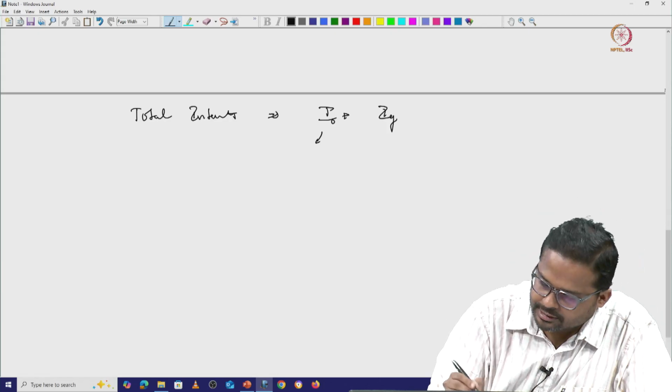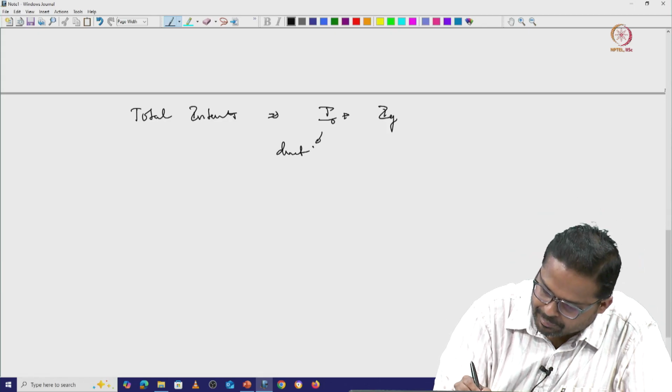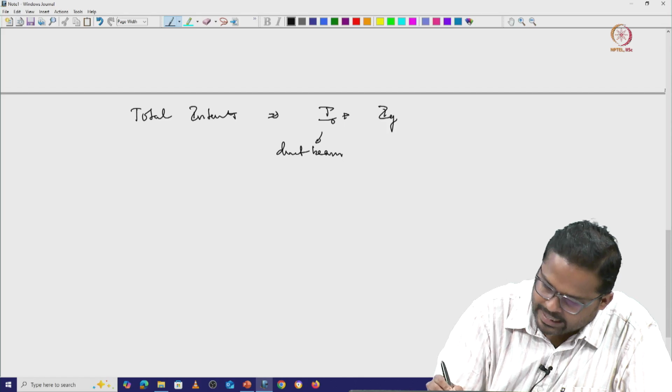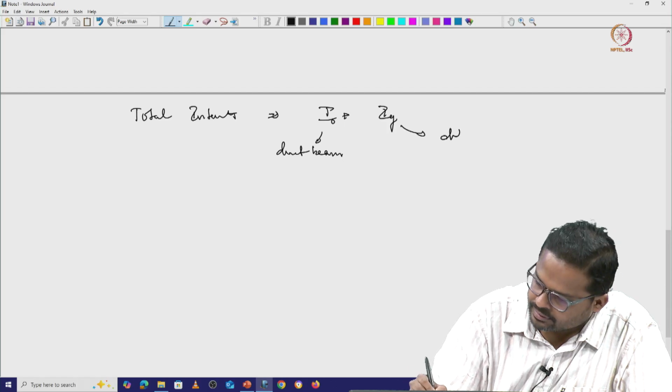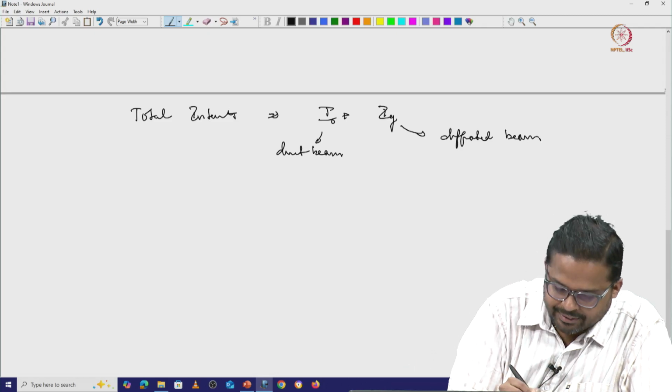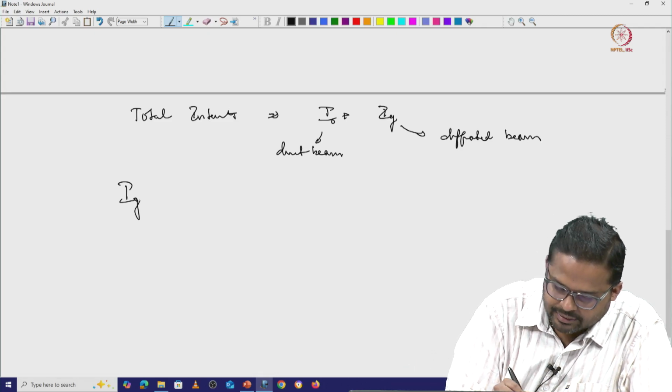Here I0 resembles the direct beam and Ig is the diffracted beam. Okay. And the Ig, the diffracted beam.